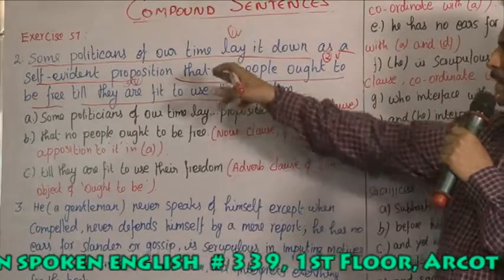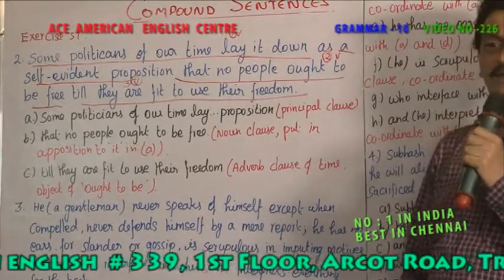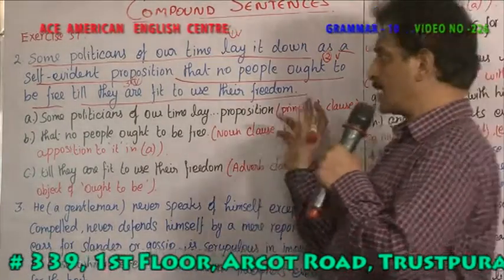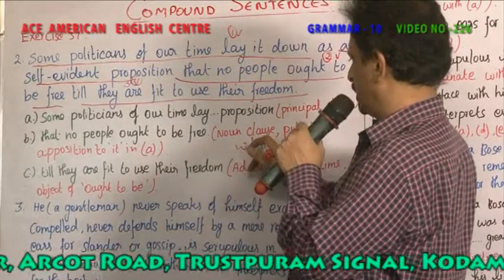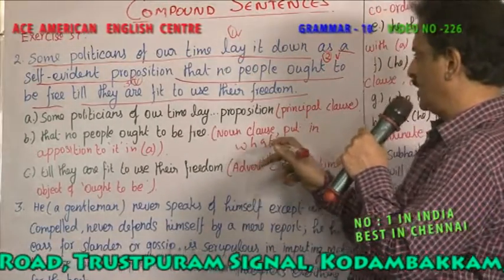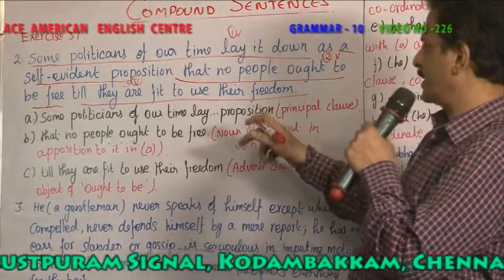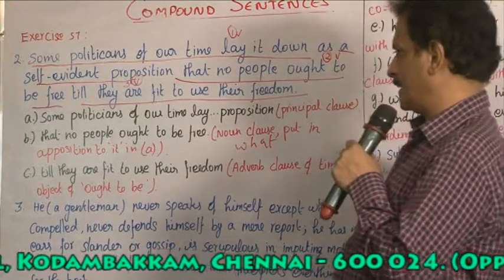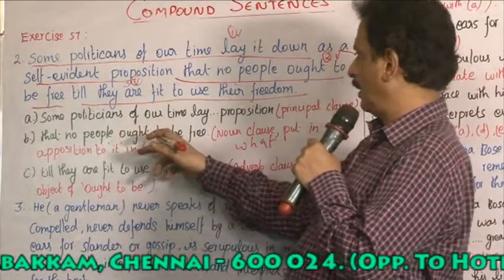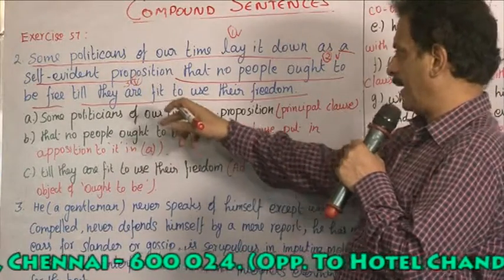So what did the politicians lay down? A self-evident proposition. You ask a question, what? And what do you ask it to? The verb. What did they lay down as a self-evident proposition? Then you get an answer: that no people ought to be free.